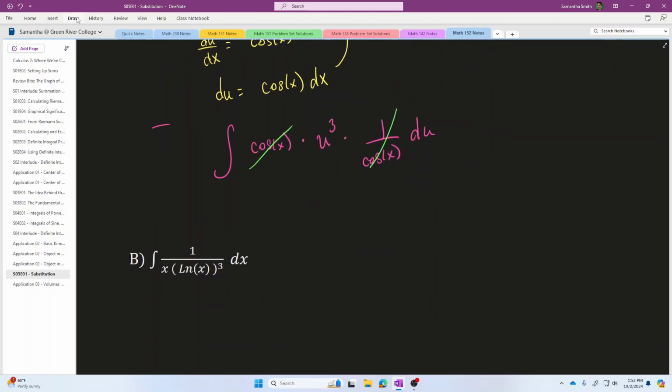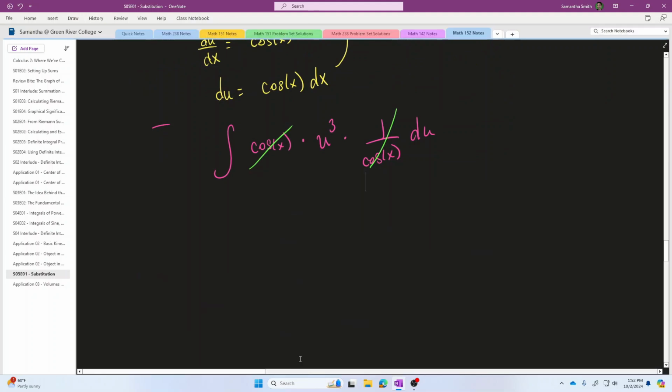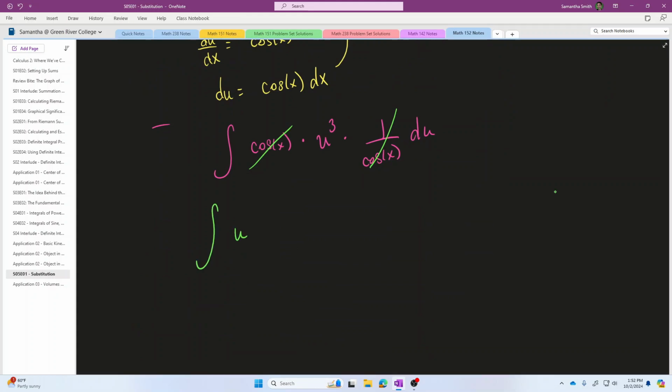And as a result of that calculation, the integral that is now left contains only u's. And in addition to that, this is a very, very simple integral in terms of u. The integral of u cubed with respect to u is something that can be calculated simply using the power rule.